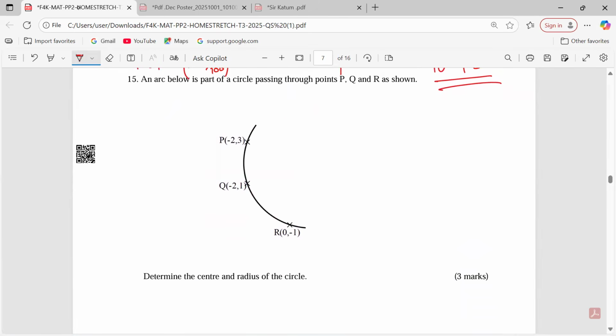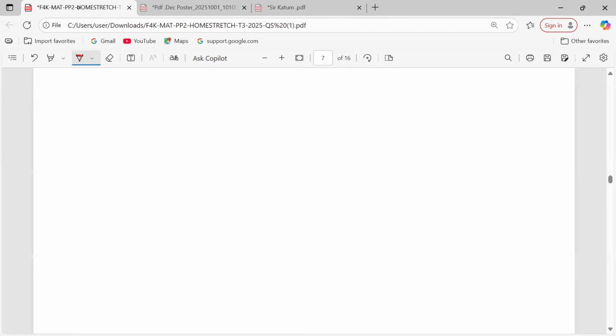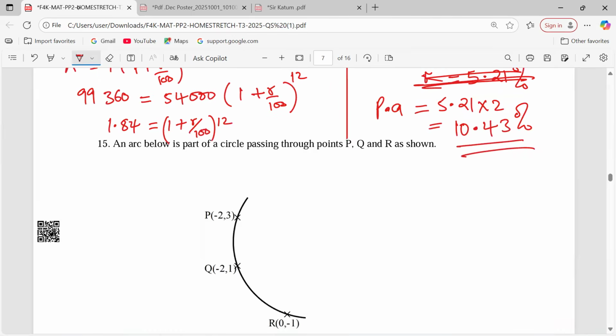In number 15, the arc below is part of a circle passing through points P, Q, and R, just as you can see. Determine the center and radius of the circle. We start by determining the center. One thing that we are sure about is that, as we did in one of the questions where we were constructing a tangent, I hope you remember that question.